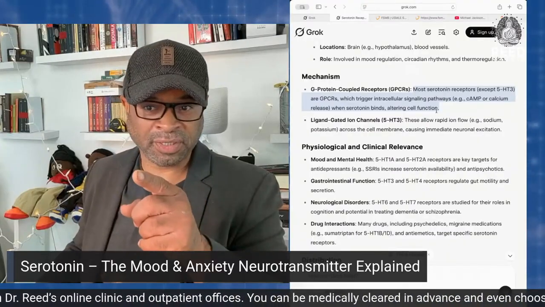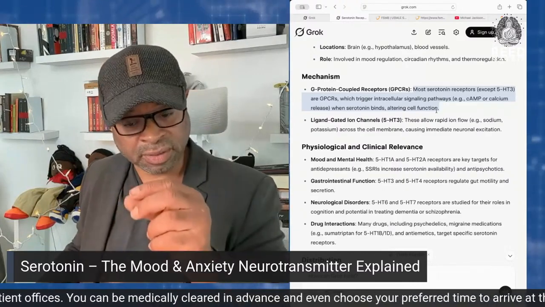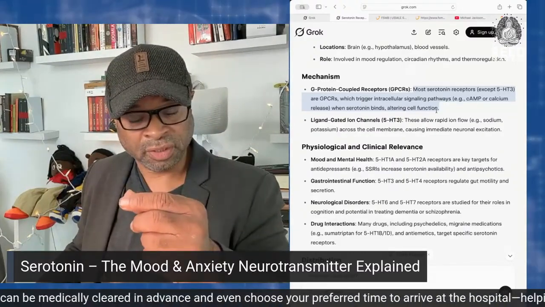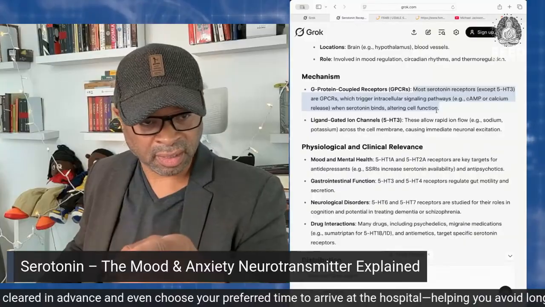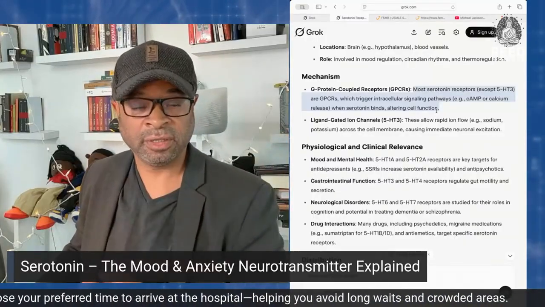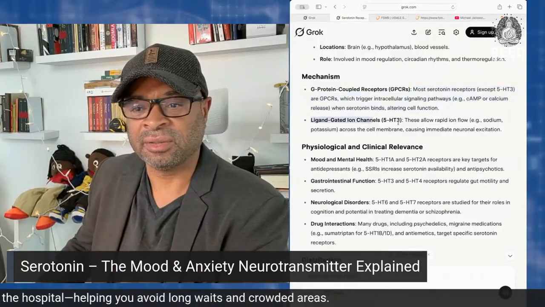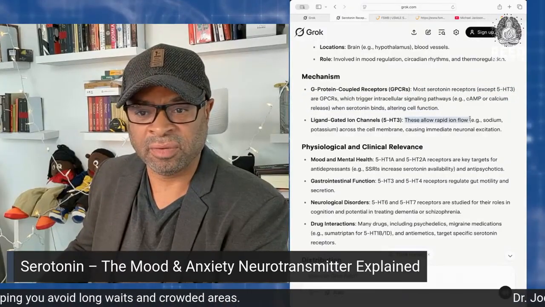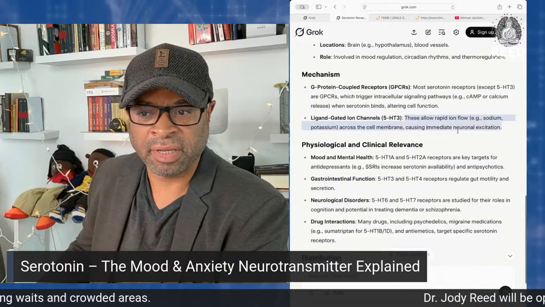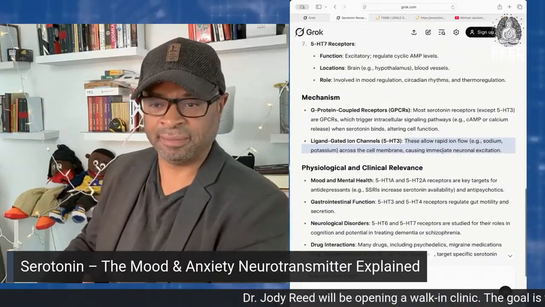When serotonin binds to the receptor, it goes through the signal transduction pathway and produces a product that's then exported from the cell. That's when you get an alteration in cell function. Ligand-gated channels allow rapid inflow of sodium across the membrane, causing immediate neuronal excitation.